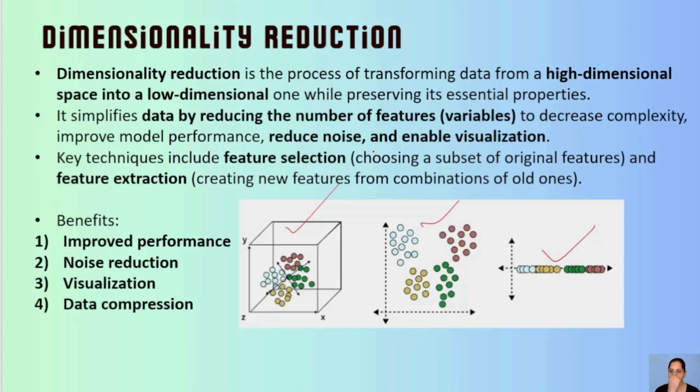And again, this dimensionality reduction has so many benefits, right? When the dimensions are converting to lower dimensions, it is definitely going to improve the performance, right? And with this approach, we are not losing any of the essential properties of the features.